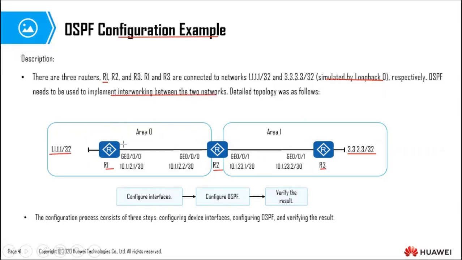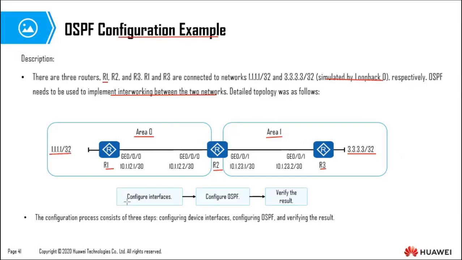That means that we want to configure OSPF so that we can ping from 1.1.1.1 to 3.3.3.3 and vice versa. So R1 and R2 belong to area 0. Then R2 and R3 belong to area 1. So what is the name of this router R2? It's an ABR, right? An area border router.